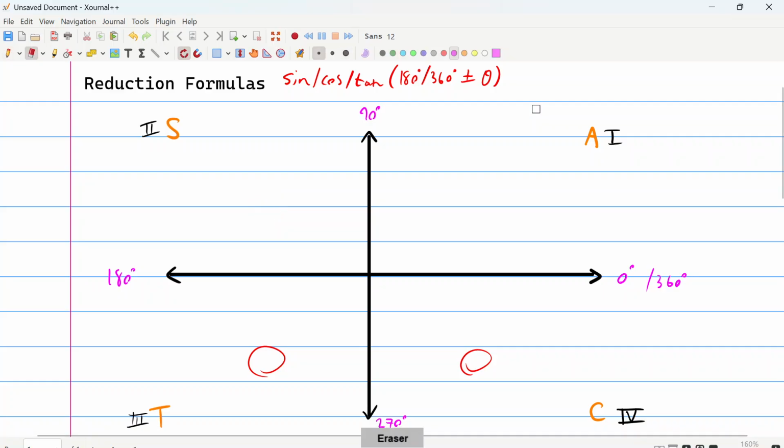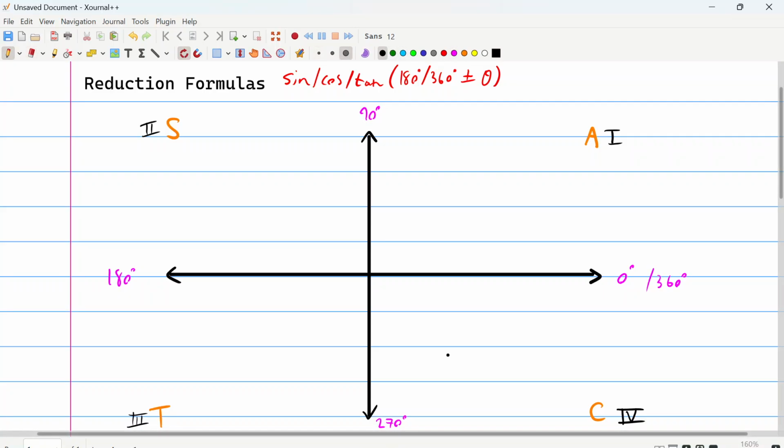So we're going to start with quadrant 2, and we're going to go through all of them. This is 180 degrees minus theta. So we can place a theta somewhere here, and that will just be 180 degrees minus theta, because you're going from 180 degrees backwards with some acute angle theta.